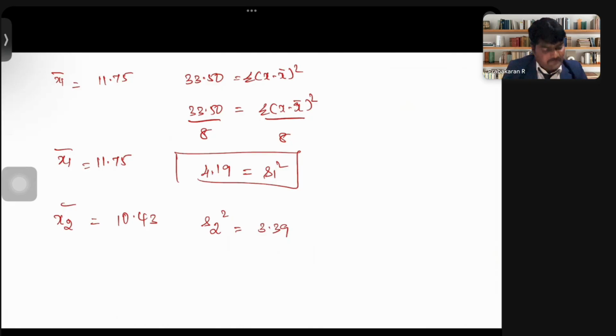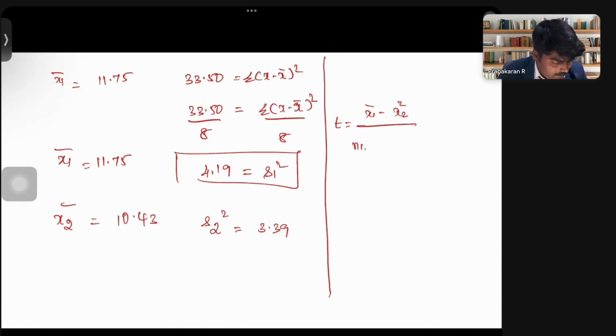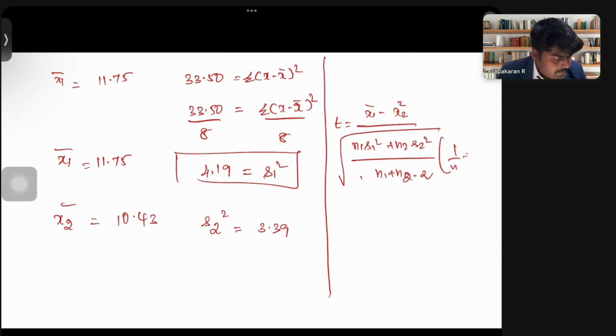Now we have found the values, so we can apply the t-test. That is, the t value is x1 bar minus x2 bar over the square root of n1 s1 square plus n2 s2 square by n1 plus n2 minus 2, times 1 by n1 plus 1 by n2.